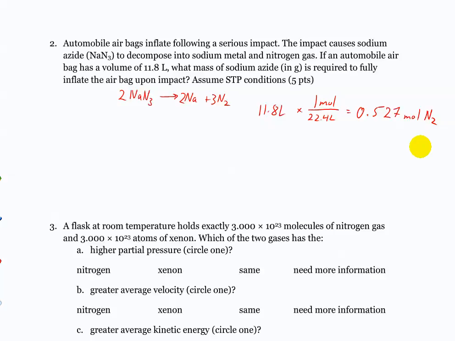Now we figure out the moles of sodium azide that we need to make that many moles of N2. So we take the 0.527 moles of N2 times the molar ratio, which is 2 moles of sodium azide divided by 3 moles N2. That gets us 0.351 moles.